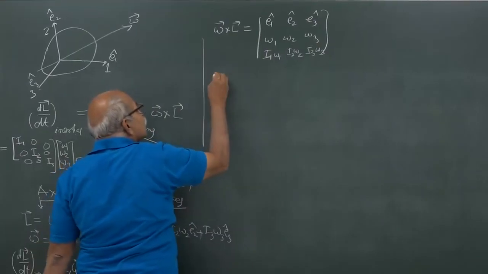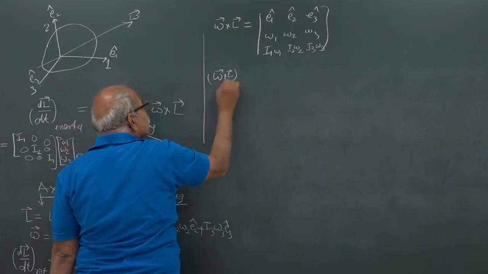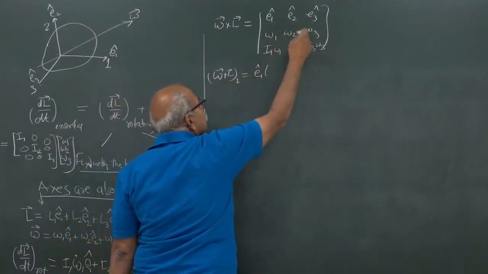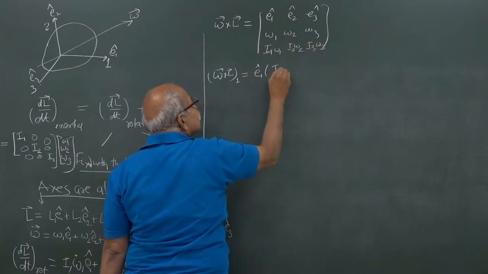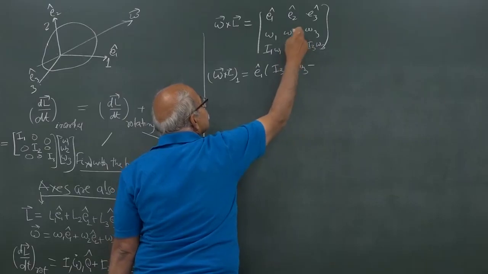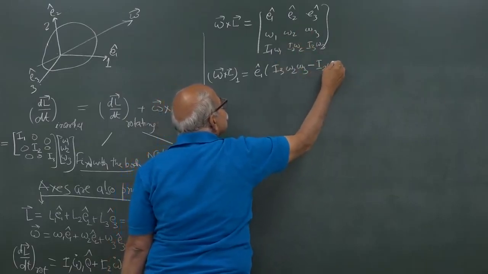So, the one component of omega cross L will be E1 cap times omega 2 into this, that is I3 omega 2 omega 3, and minus this into this, I2 omega 2 omega 3.